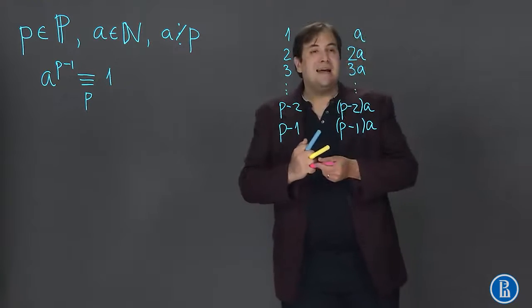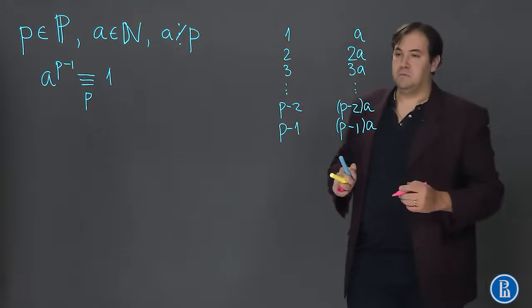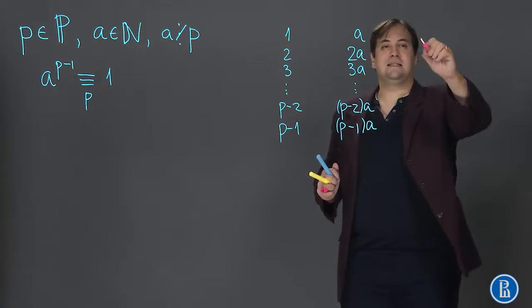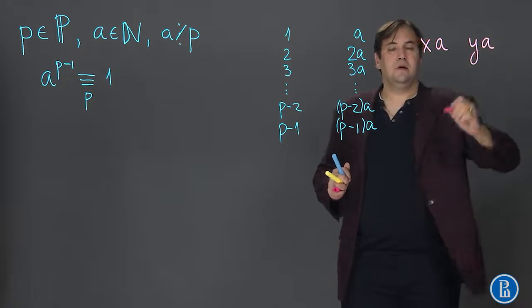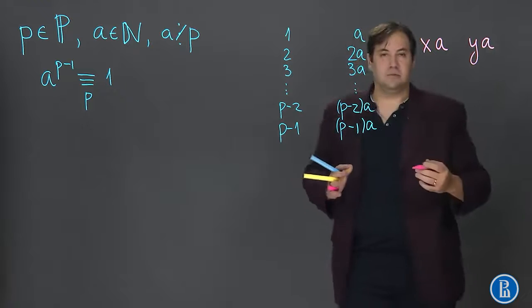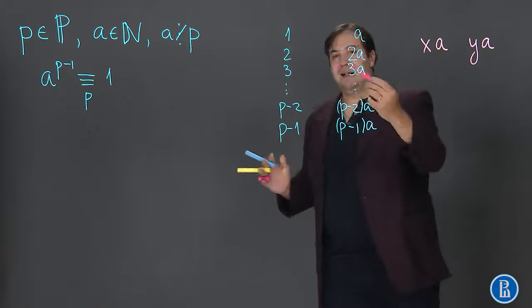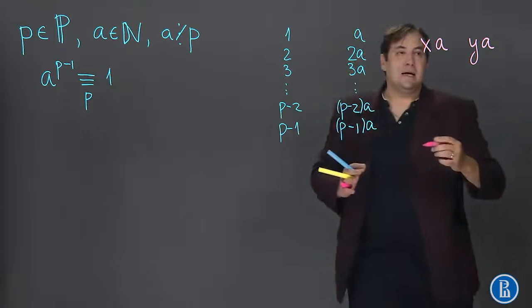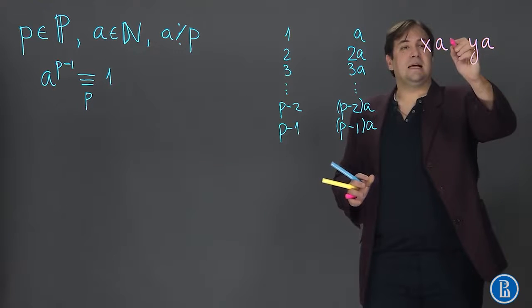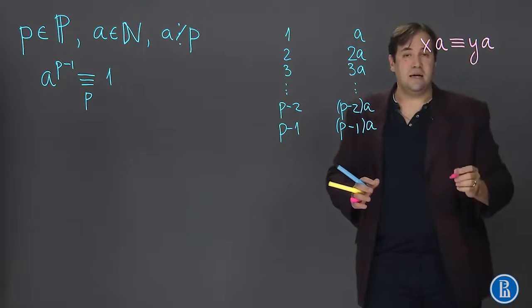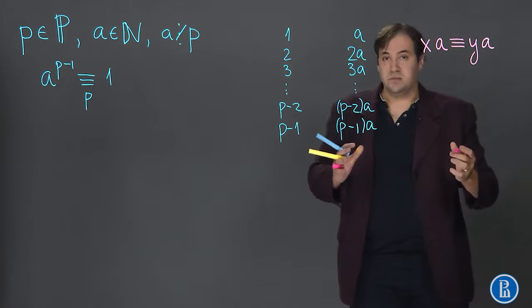Well, consider any two of these numbers, say xa and ya, where x and y are some multipliers from this column. And suppose that xa and ya appear to be congruent modulo p.